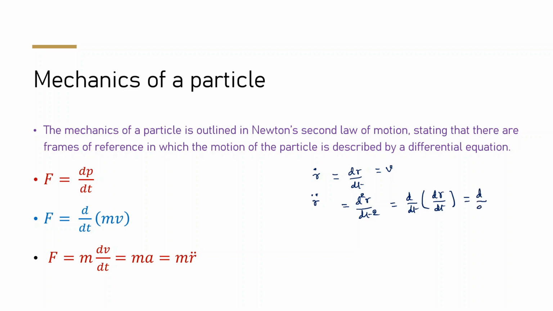This d by dt of dr by dt is our velocity. Rate of change of velocity is our acceleration. Therefore, Newton's second law, F is equal to ma, is given by the second order differential equation F equal to m into d square R divided by dt square.